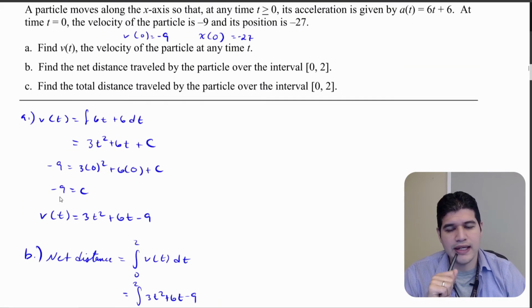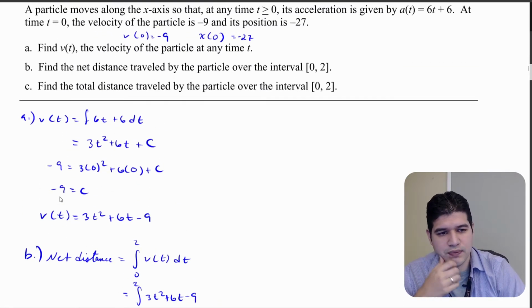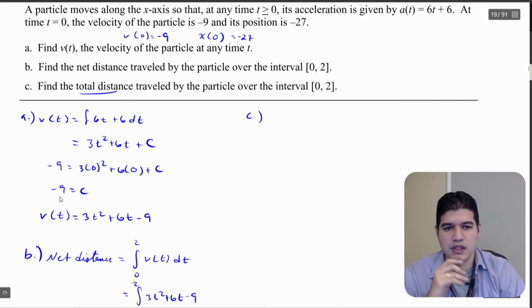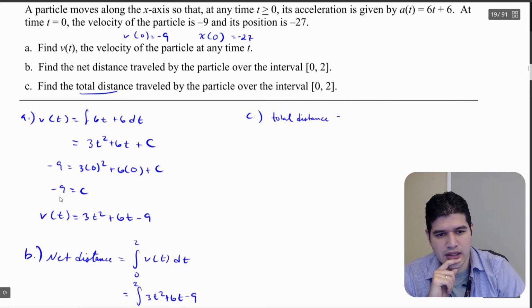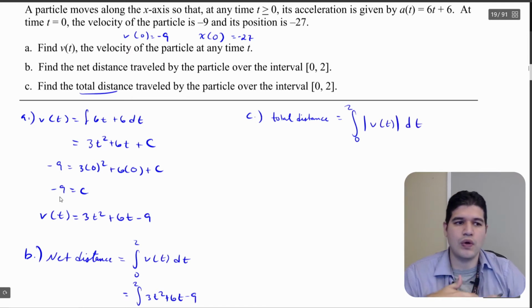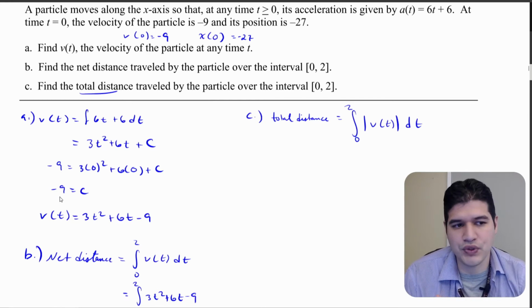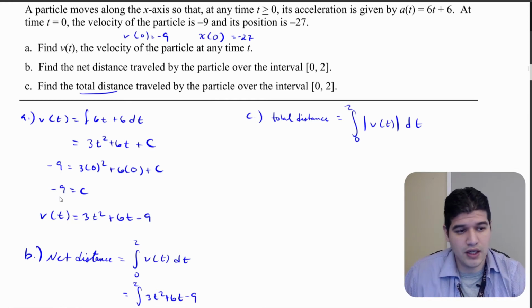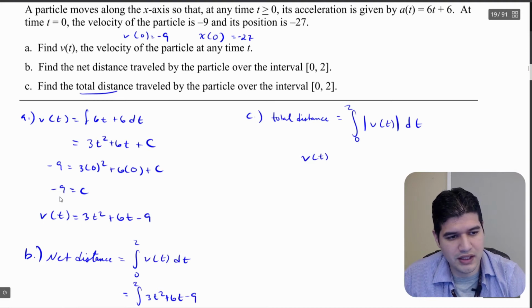So now in part C here, what I want to do is something very similar. I want to find the total distance traveled. So the total distance is going to be equal to the integral from 0 to 2 of the absolute value of v of t dt. So how are we going to work with the absolute value? Well, we need to figure out where v of t is changing directions. So all I do is set v of t equal to 0.